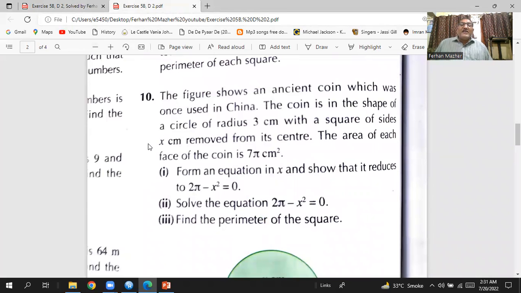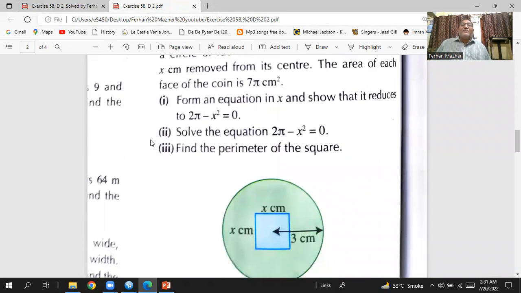The area of each face of the coin is 7 pi centimeter square. Form an equation in x and show that it reduces to x square minus 2 pi equals 0. And then he says solve the equation. And then he says find the perimeter of the square. The length of one side of the square is x.